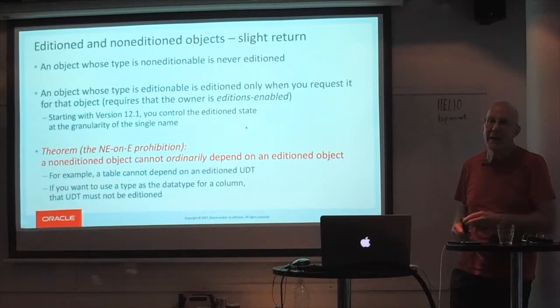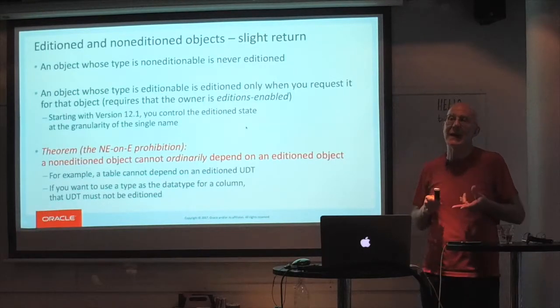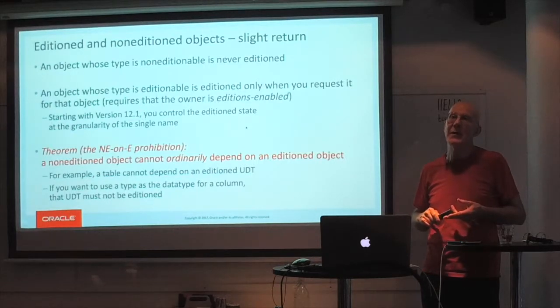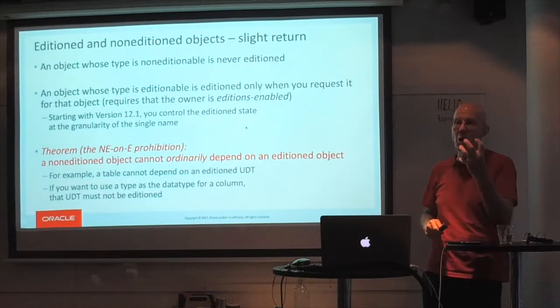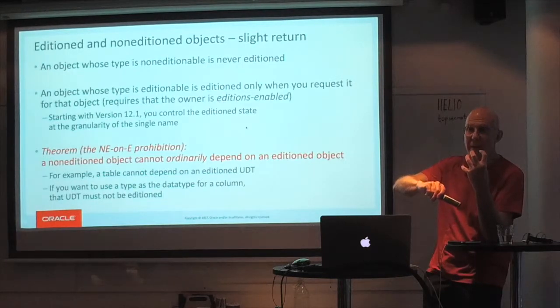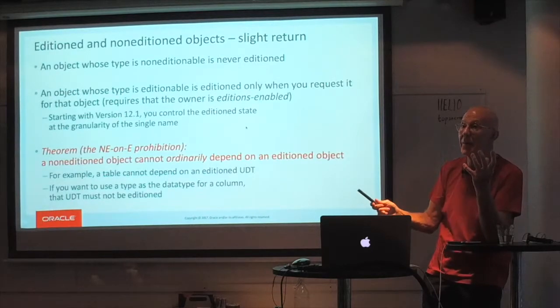I'm saying this, watch my lips, I'm saying that that has to be a theorem, because how else would the name resolution happen? When a non-editioned table needs to find the one among many UDTs it depends upon, let's not use that example.